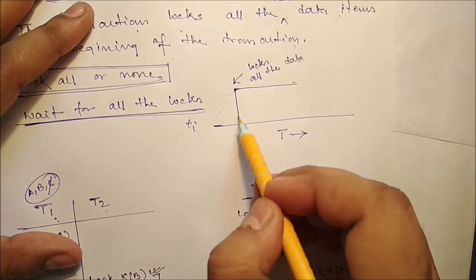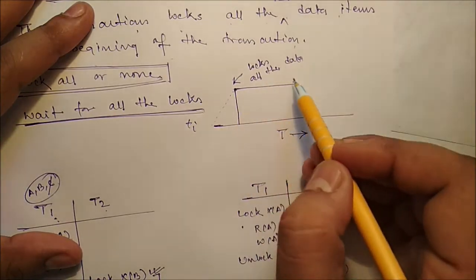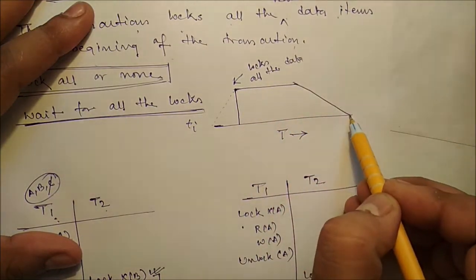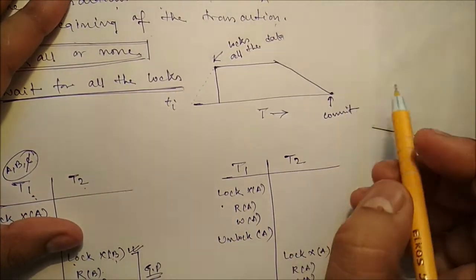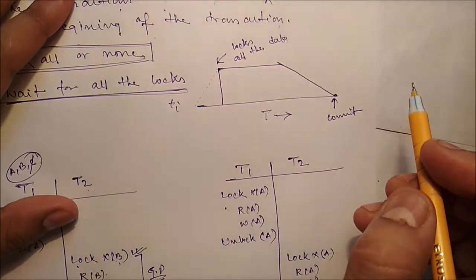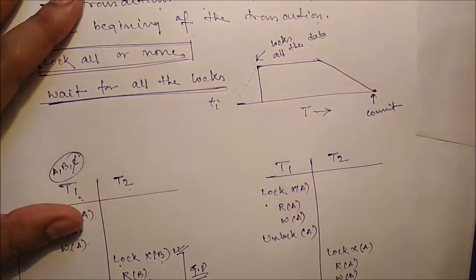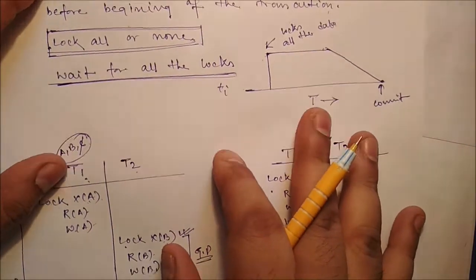So at the beginning of the transaction it always locks all the data items, and the commit part is here. So this is the conservative two-phase locking protocol.